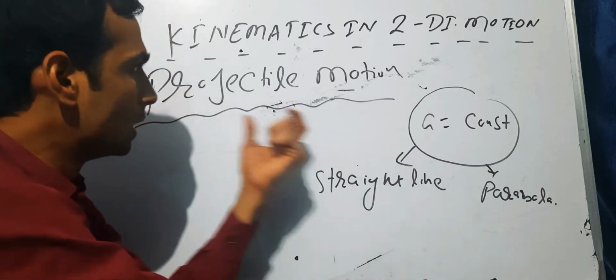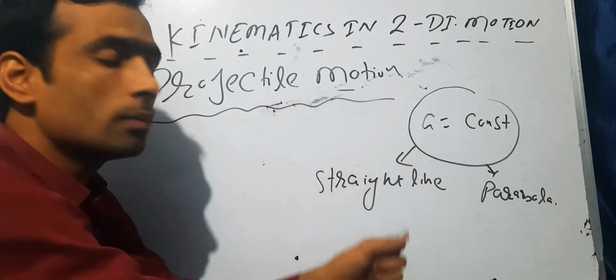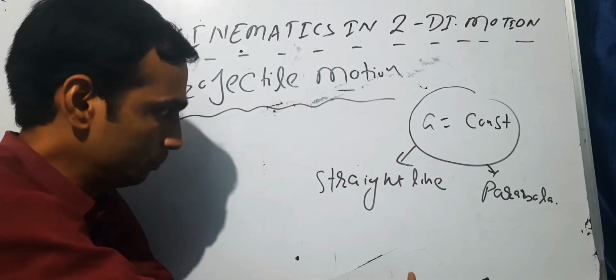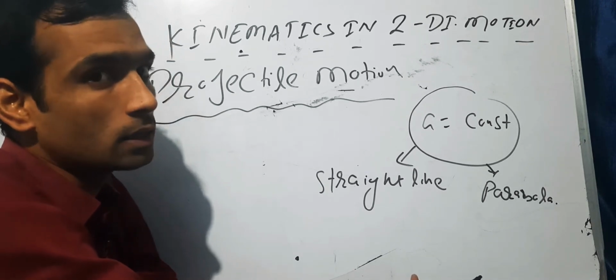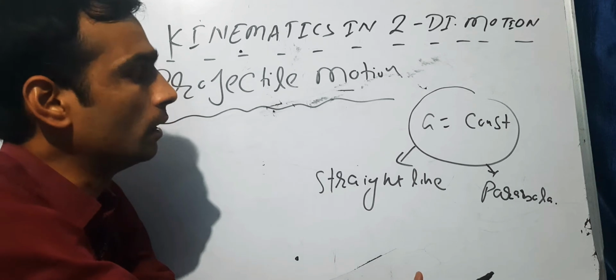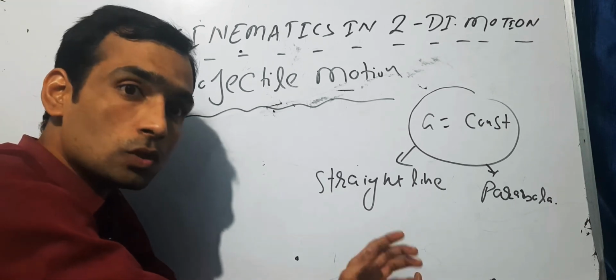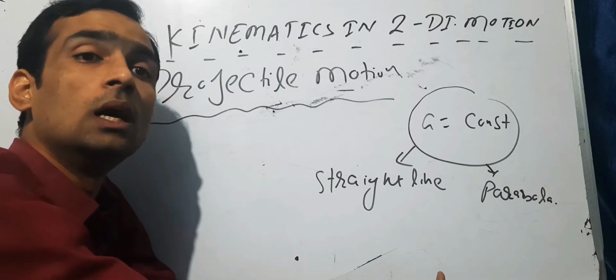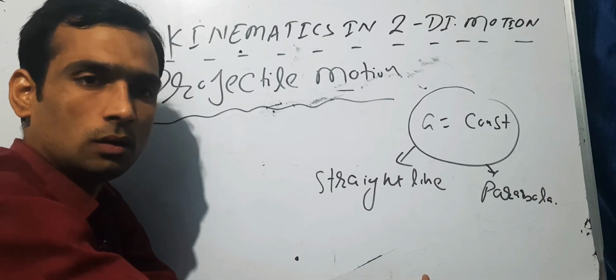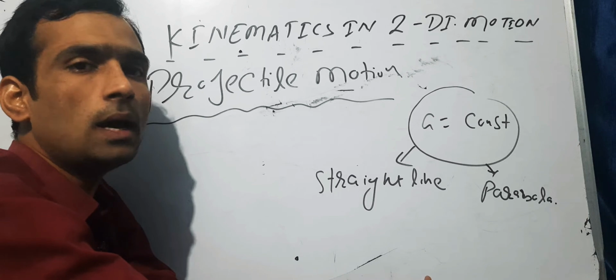Now I'll deal with projectile motion, where the path of the particle is a parabola. What is the condition for the particle's path to be a parabola? That is very simple. If you project a particle at any angle theta, the particle will take a path that is known as a parabola, right?